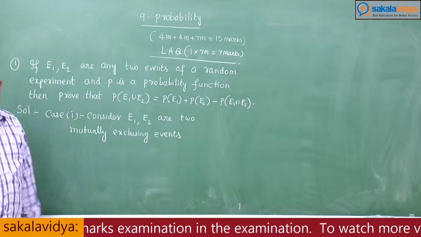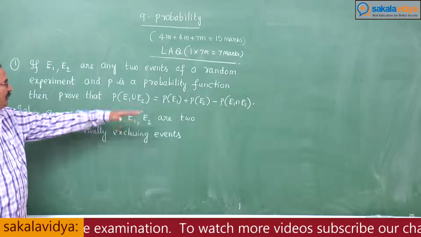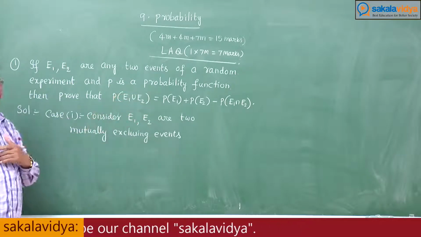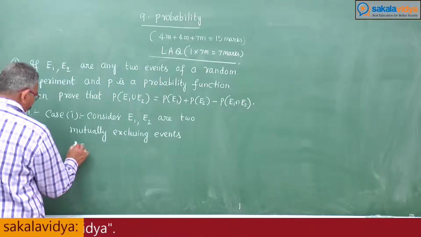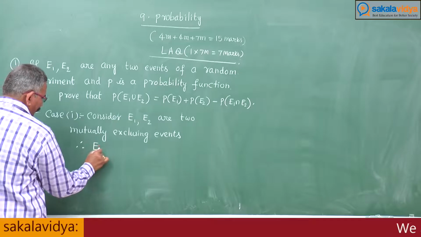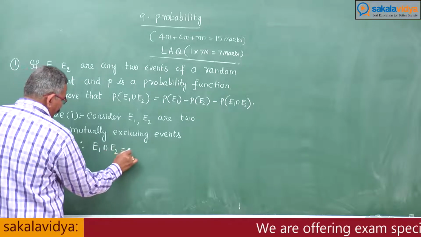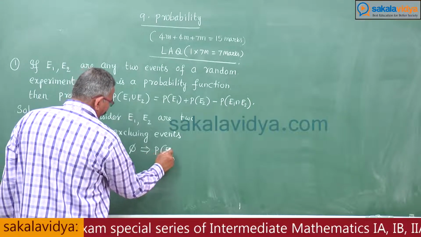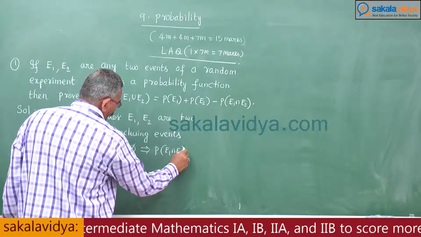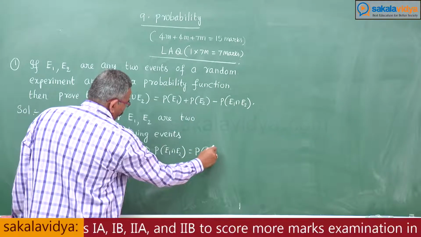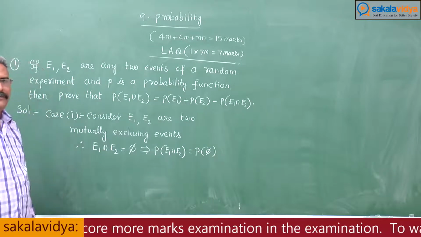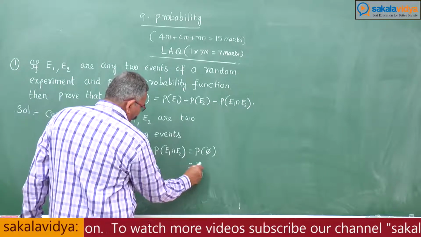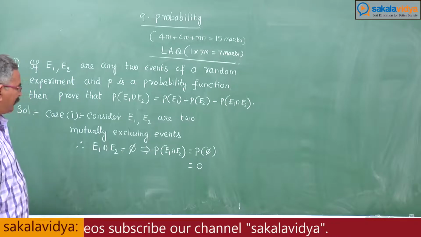Let us assume first of all, case 1, E1, E2 are two mutually exclusive events, because they are any two events, they may be mutually exclusive events. That implies, therefore, E1 intersection E2 is equal to phi. So what is the probability? P of E1 intersection E2 is equal to P of phi. P of phi means probability of phi. From the axioms of probability, the axiomatic approach, this will be 0. So, P of E1 intersection E2 is equal to 0.